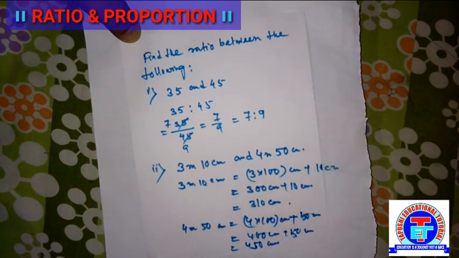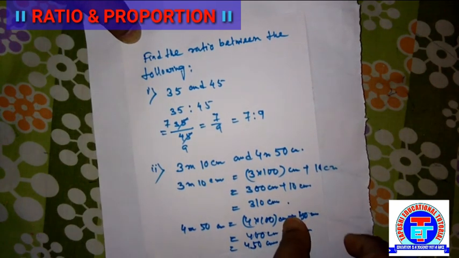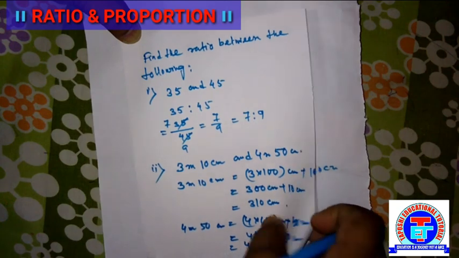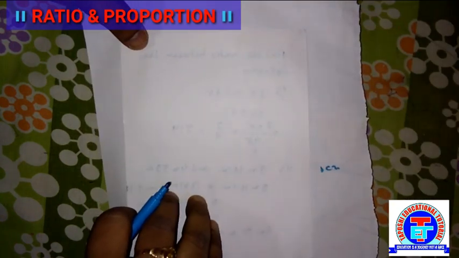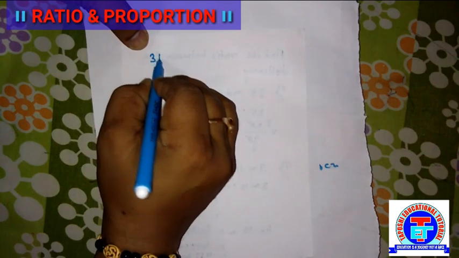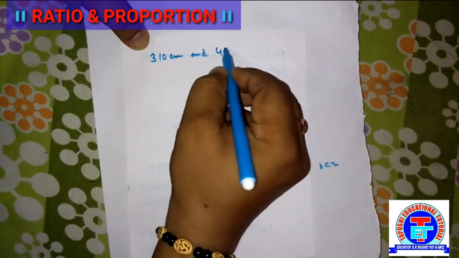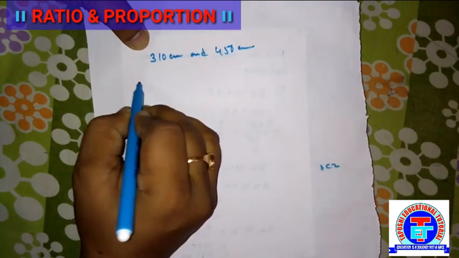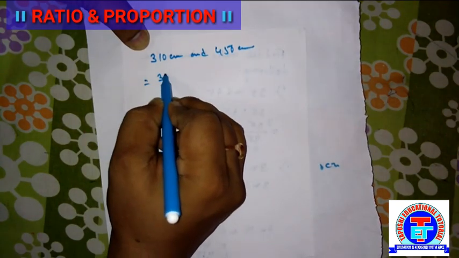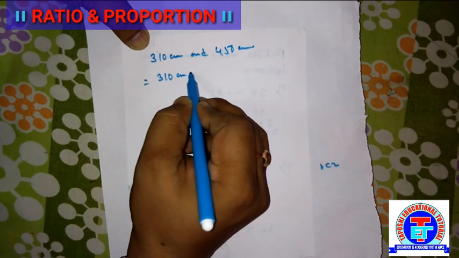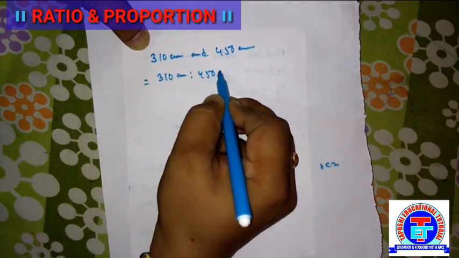Now compare both: 310 centimeter is to 450 centimeter.